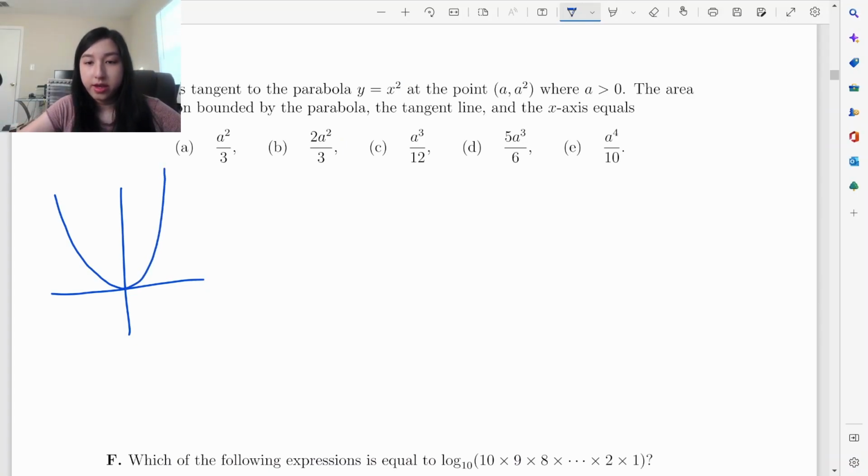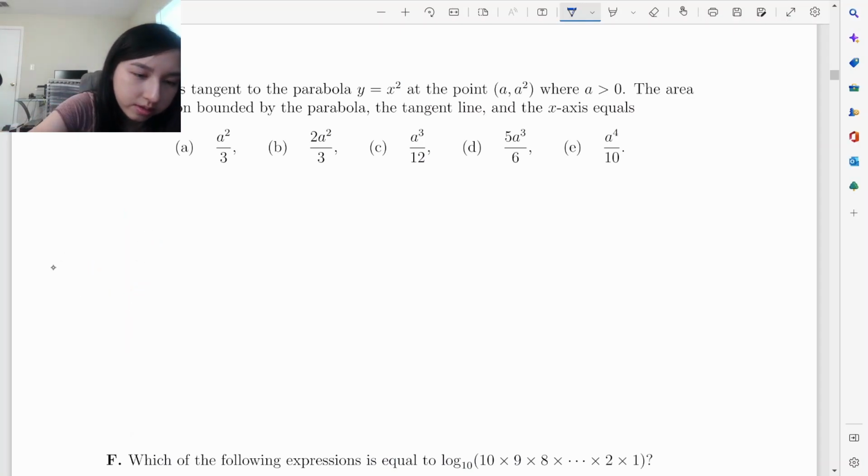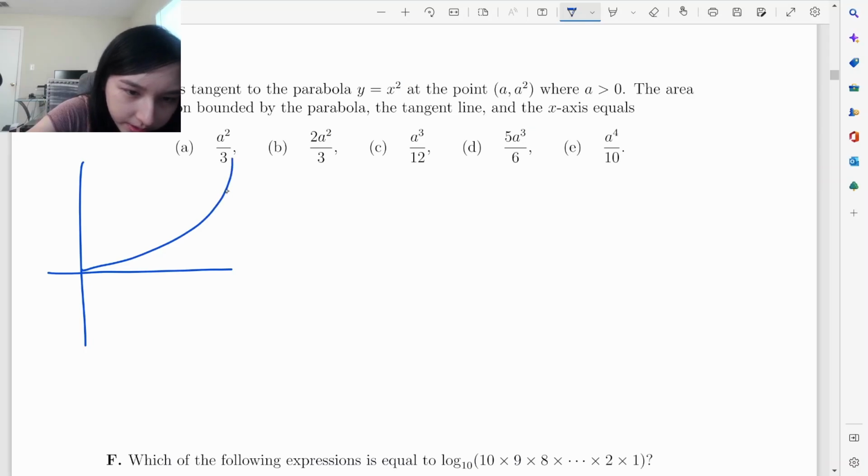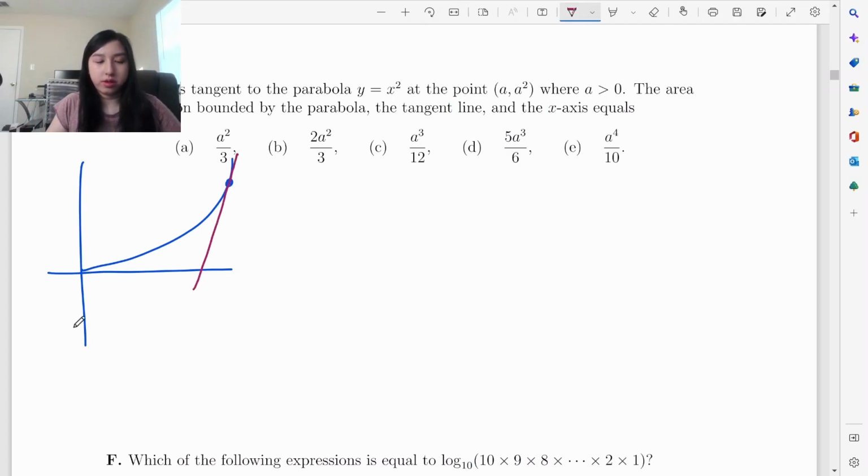Okay, I'm going to draw a much zoomed in version. Like this, and if we're talking about this point right here, the tangent would be like this. So we're talking between the curve, this line, and this. Okay, so this is going to be a long problem.